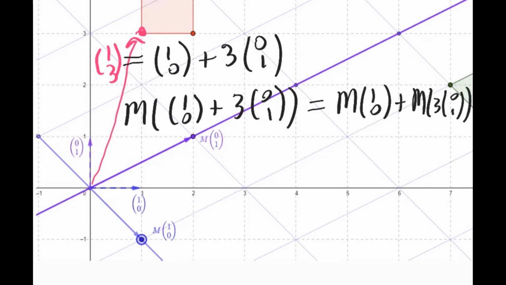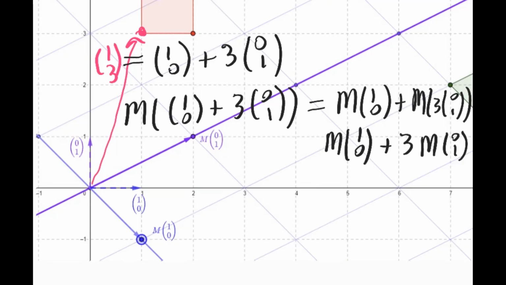And then the second rule, which is usually thought of as one of the algebraic rules of linear maps, is that when a linear map is applied to a scalar times a vector, we can pull that scalar outside of the linear map. So this is the same thing as 3 times m of (0, 1). So this whole thing we can write like this.